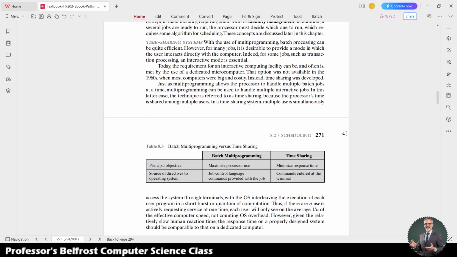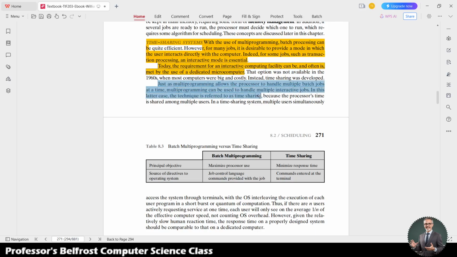Then we have the time-sharing system. It is designed to provide a mode in which the user interacts directly with the computer. Today, the requirement for an interactive computer facility can be met by the use of a dedicated microcomputer. Just as multiprogramming allows the processor to handle multiple batch jobs at a time, multiprogramming can be used to handle multiple interactive jobs too.